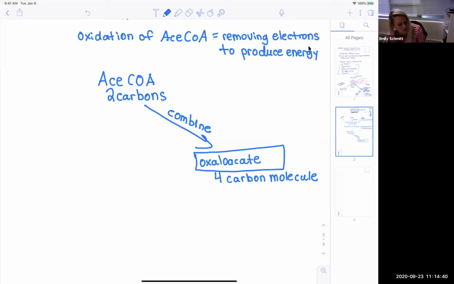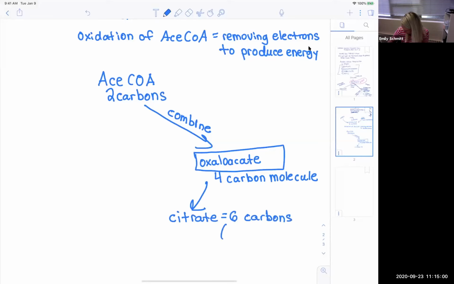Okay, so the 2-carbon of acetyl-CoA plus the 4-carbon of oxaloacetate is going to form citrate, which is going to be 6 carbons. 2 plus 4 equals 6.